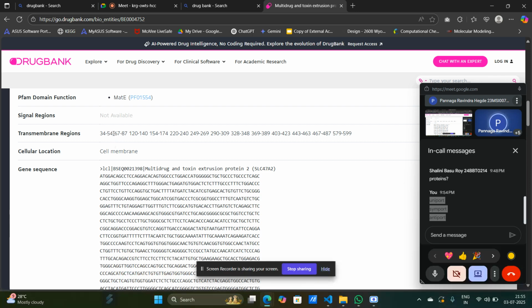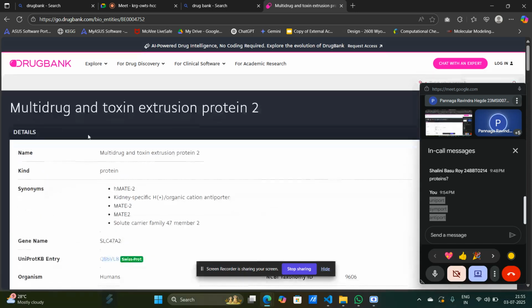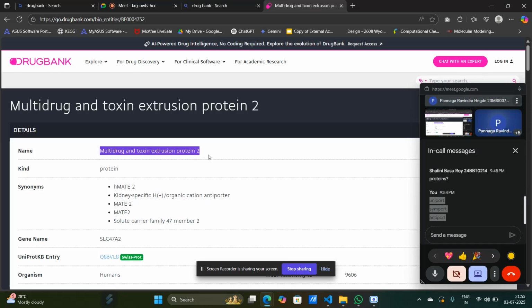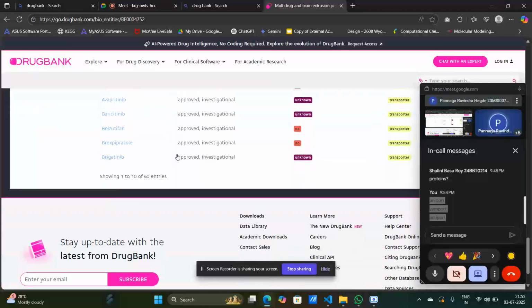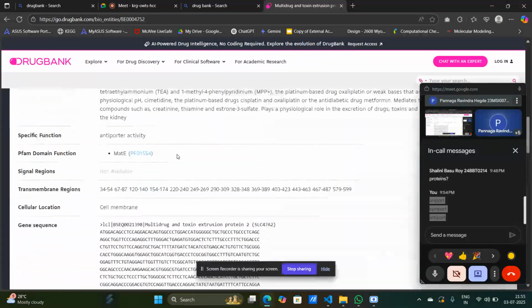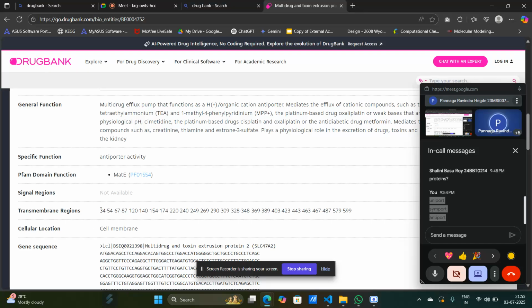As far as I thought, it is referring to positions. There are multiple of these multi-drug toxin extrusion proteins, and they are present at particular locations. And the location of the proteins has been mentioned. That's what I understood, but I'm not very sure on this part.